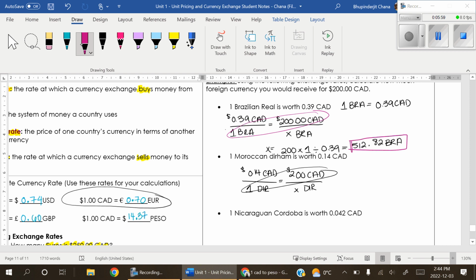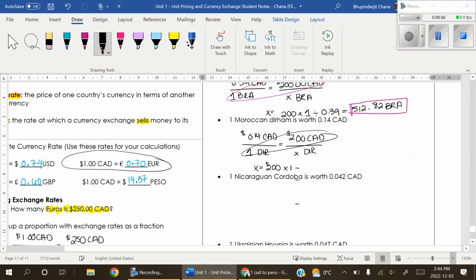Okay, X is equal to 200 times 1 divided by 0.14. See what that gives me. 200 times 1 divided by 0.14. That's going to give me $1,428.57.